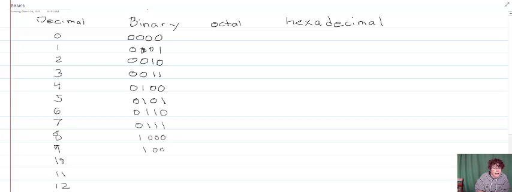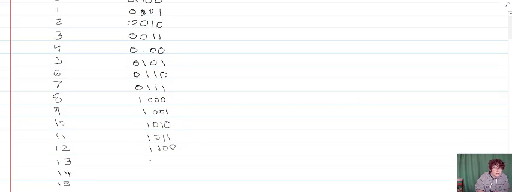To get to 9, I'll have a 1 in the 8's place and a 1 in the 1's place. 8 plus 1 is 9. 8 plus 2 is 10. 8 plus 2 plus 1 is 11. 8 plus 4 is 12. 8 plus 4 plus 1 is 13. 8 plus 4 plus 2 is 14. And 8 plus 4 plus 2 plus 1 is 15.